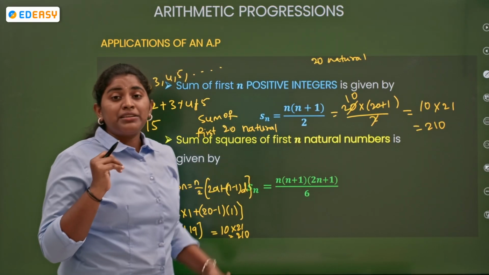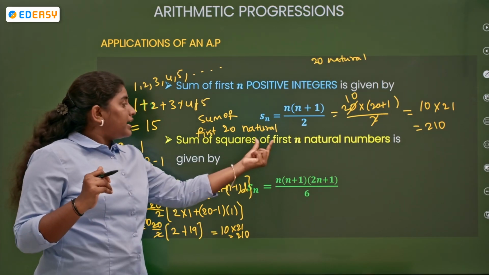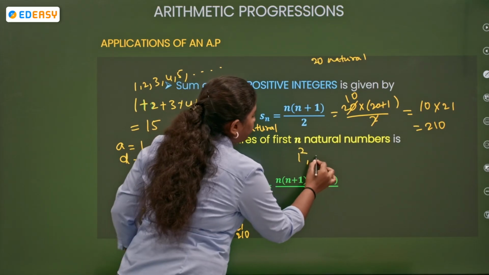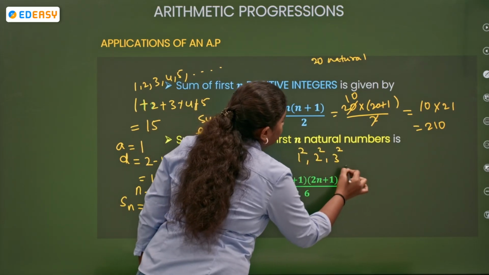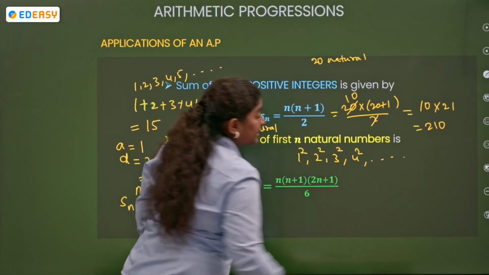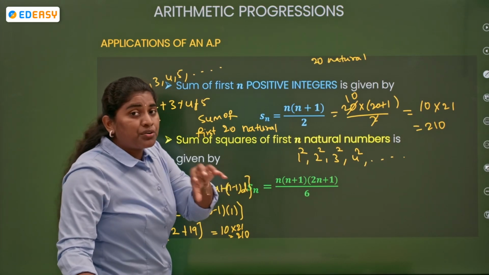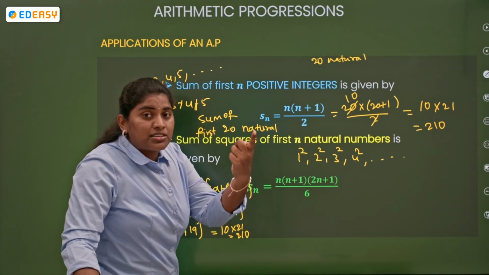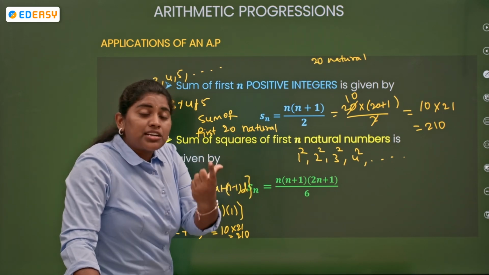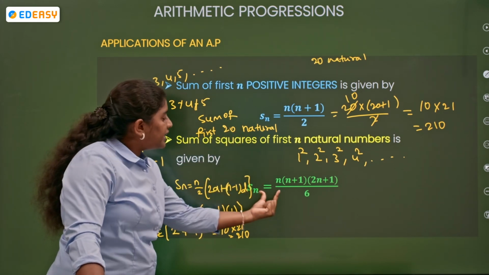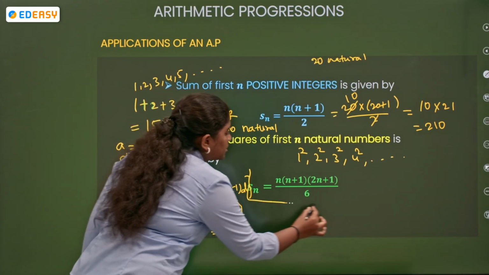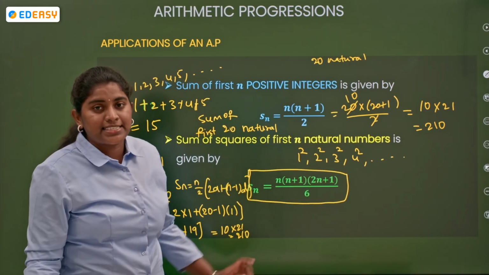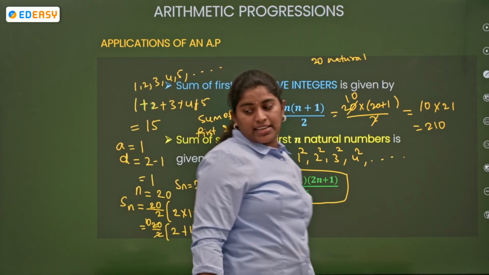And similarly, for the sum of squares of first n natural numbers, if you take 1 square, 2 square, 3 square, 4 square and so on, and find the sum of squares of first n natural numbers, it is given by Sn equals n into n plus 1 into 2n plus 1 by 6. Any doubt?